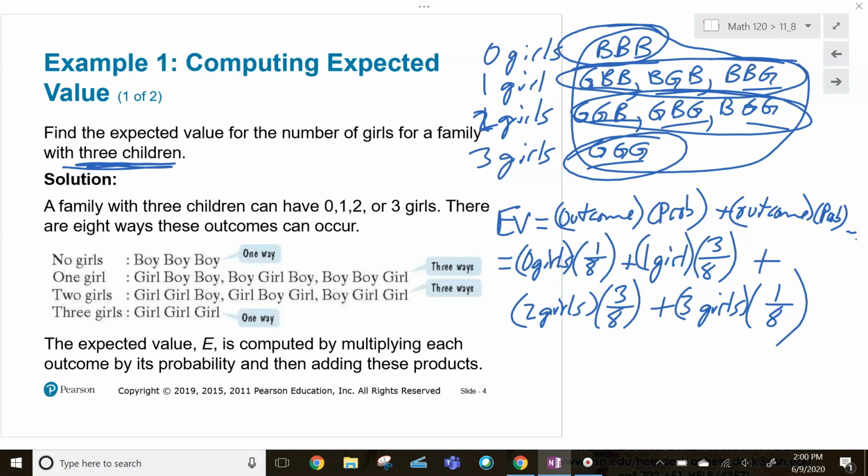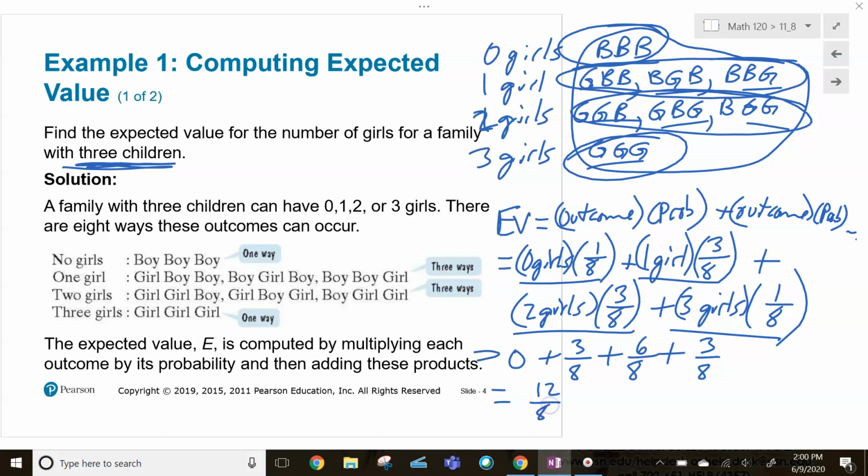So we have 0 times 1/8, which is 0. 1 times 3/8 is 3/8. 2 times 3/8 is 6/8. And 3 times 1/8 is 3/8. So that's 12/8, or 3 halves, or 1.5.